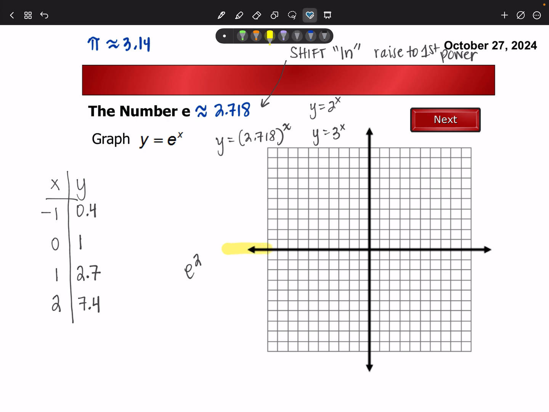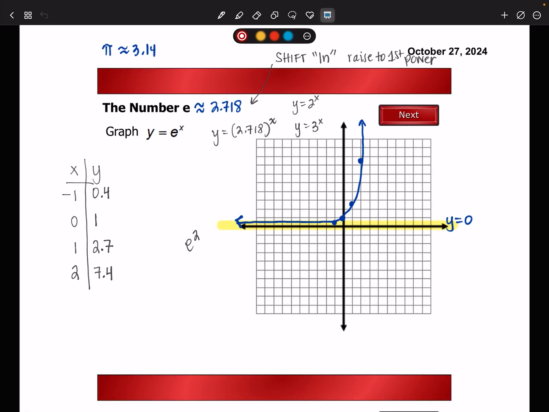Now this is going to have a horizontal asymptote at y equals 0. -1, 0.4 is an ordered pair. 0, 1, 1, 2.7, and 2, 7.4. And like we said earlier, it's going to look just like y equals 2 to the x, but with different points right here because our base is slightly different than 2.